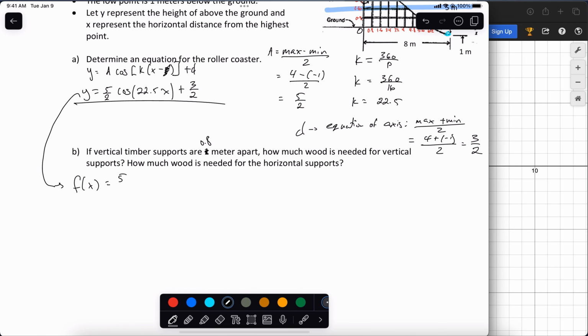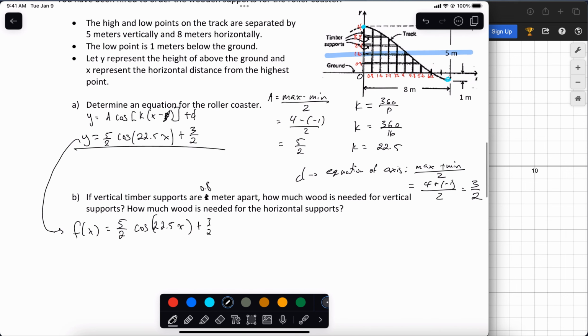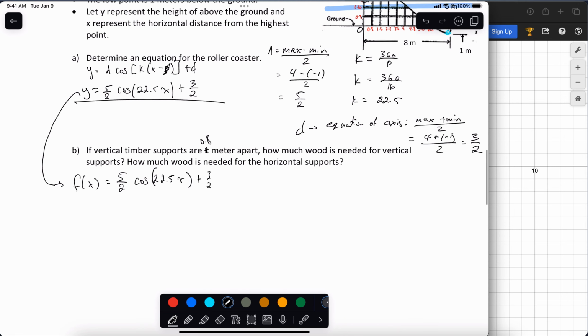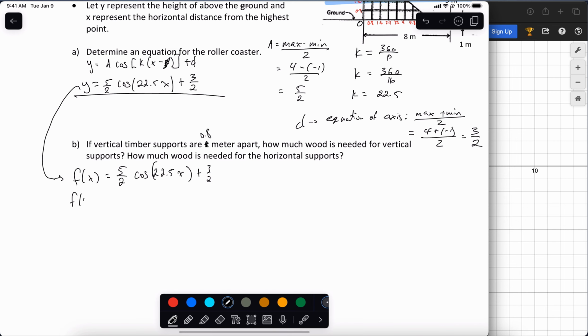So if I have f of x, this is the function notation, 5 over 2 cosine of 22.5 x plus 3 over 2. If I was looking for how much wood would be needed at the peak, so right at 0 meters, I could evaluate this function at 0, and I would get 5 over 2 cosine of 22.5 times 0 plus 3 over 2.